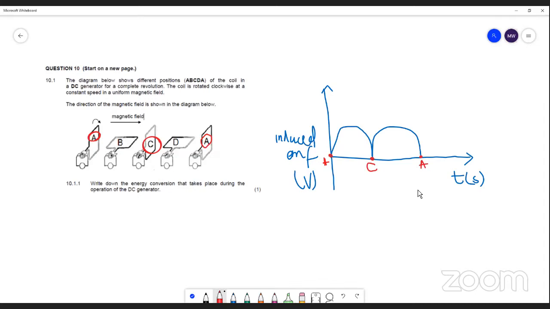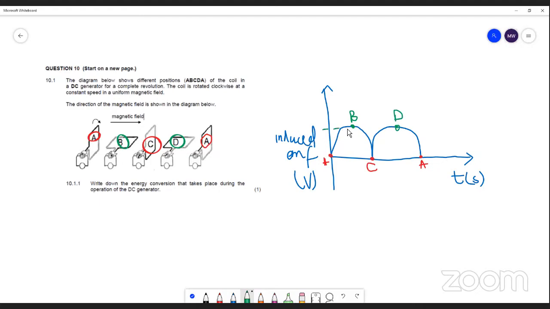Okay, they're perpendicular to your magnetic field. Cosine of 90 is 0. You won't have a current flowing through your coil at that moment in time. Then your B and your D is the point when it's parallel to your magnetic field. So this is the point right here where you've got your maximum voltage.